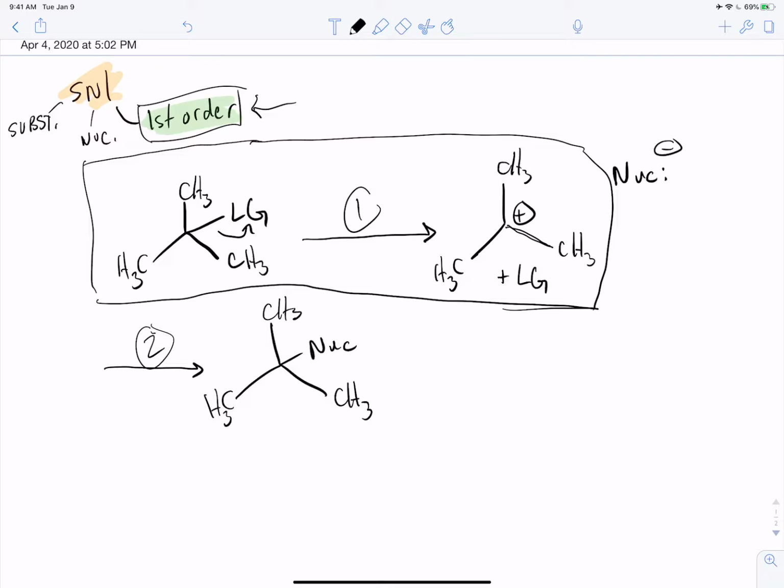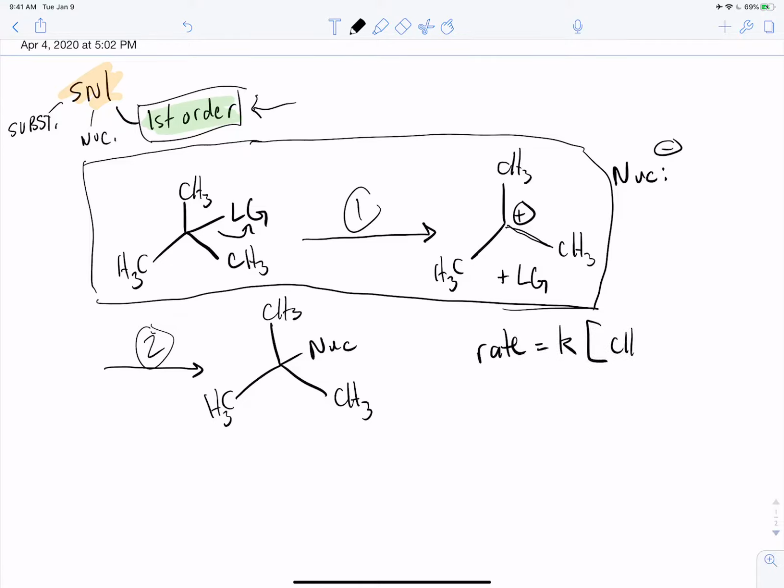Carbocations don't form very easily. And so if that's the first step in the reaction, it has to take place spontaneously. That's kind of the holdup for everything taking place. And so the reaction itself is only dependent on the concentration of the substrate.